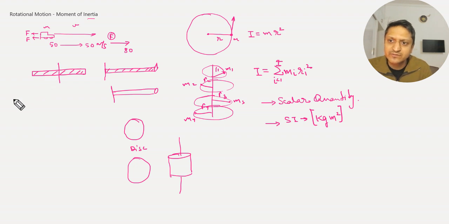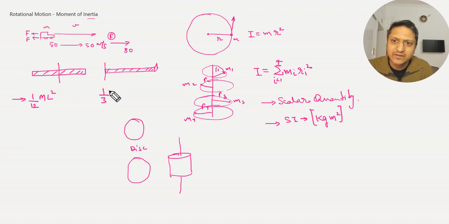For this, the formula will be 1 by 12 ml square, whereas for this, the formula will be 1 by 3 ml square, where length is L and mass is M.